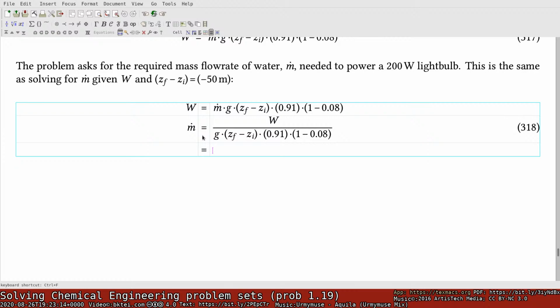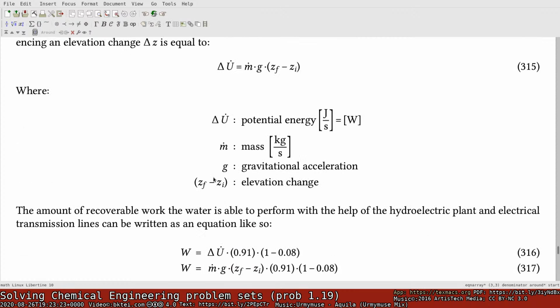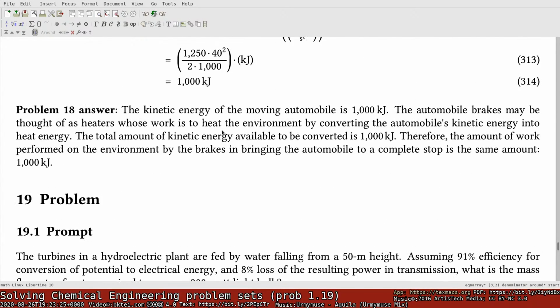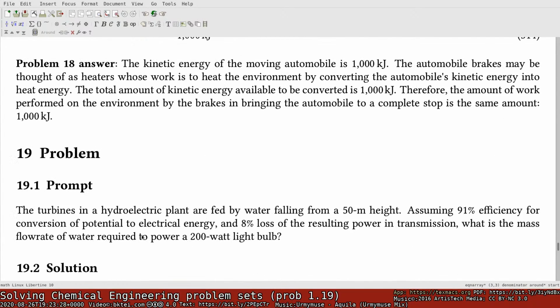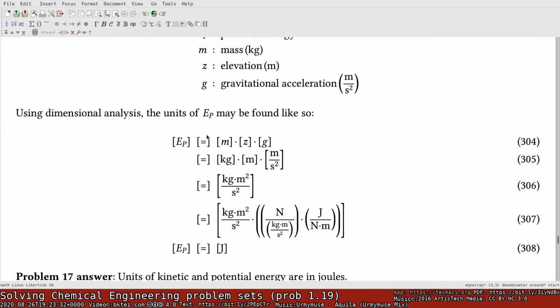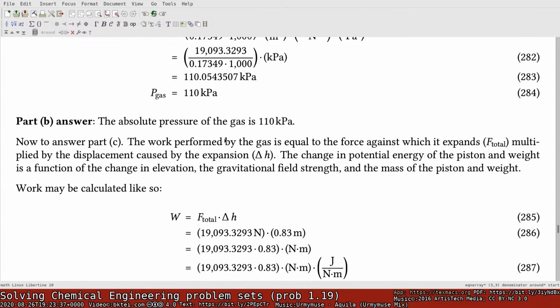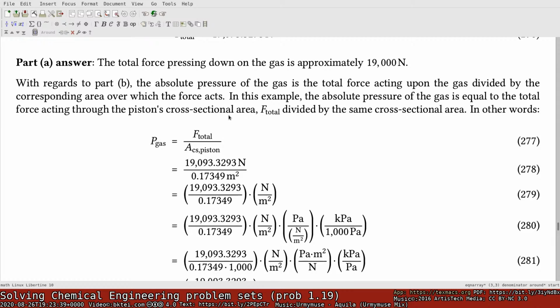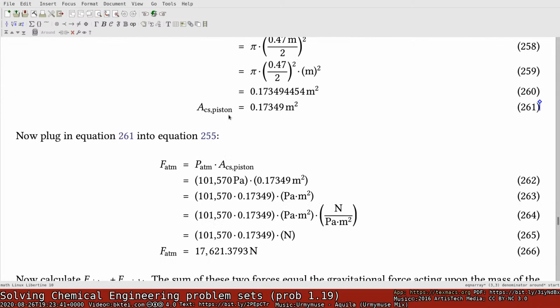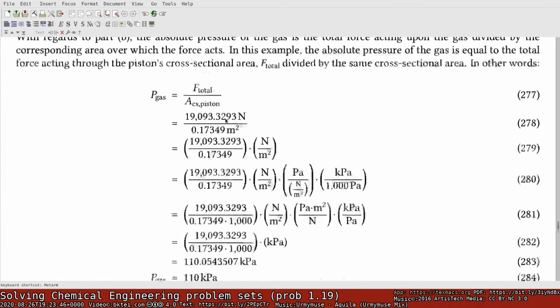So let's plug in some values. Watts is 200 watt. Below we didn't give a value for gravity, are we given gravity? You're not given gravity, so let's just use what we had before, 9.813.